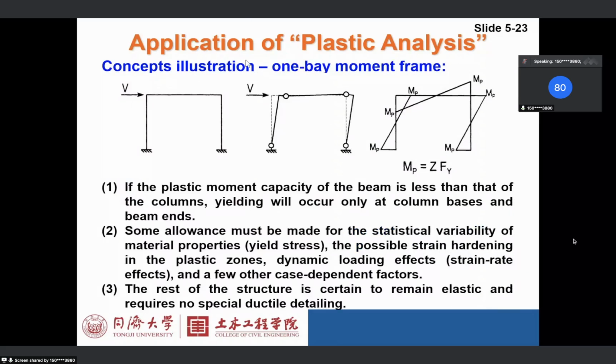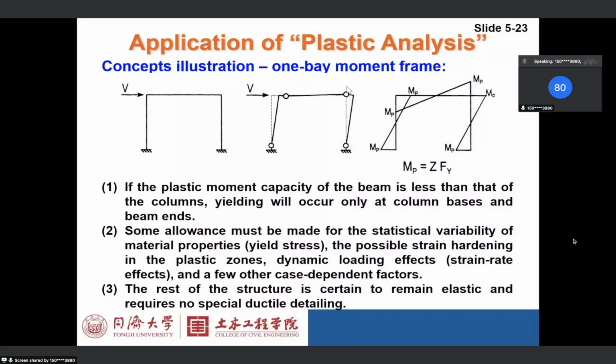If we look at a portal frame again under earthquake conditions, in real design what we want is for plastic hinges to happen in the beam, because of the strong column, weak beam principle. The column base can also have some plastic hinges.